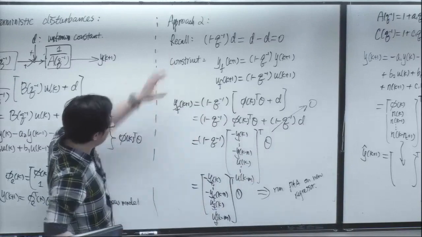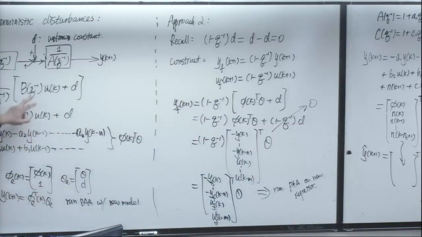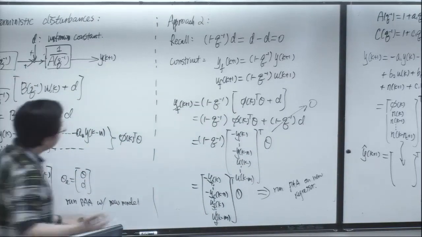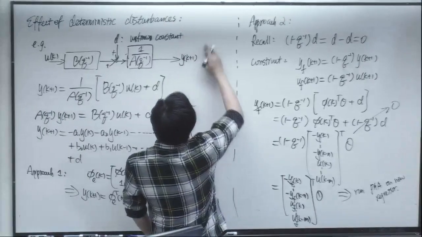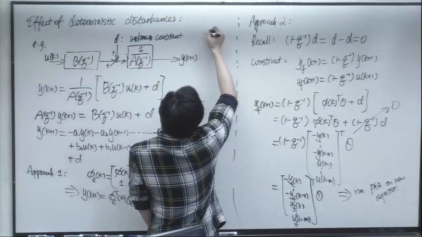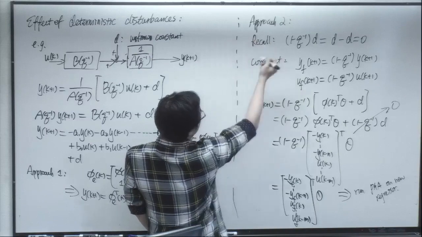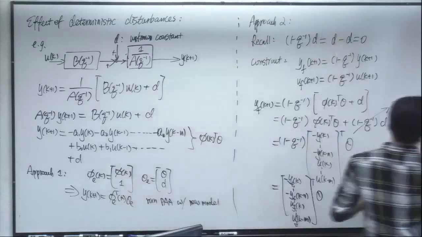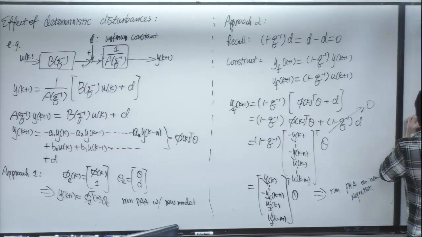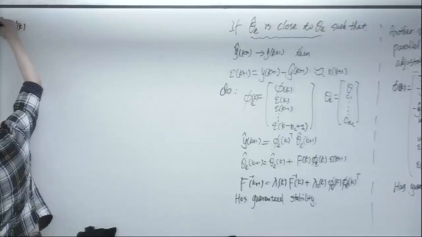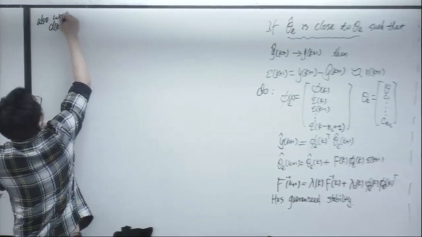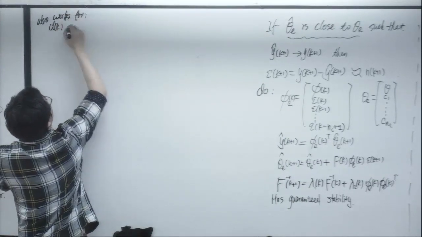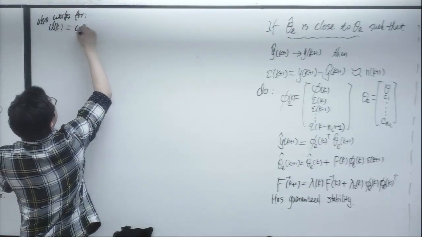This is for one type of disturbance. Now, in your exercise or your extended reading, you will see scenarios where this also works. This can also work for the scenario where dk is, let's say, sine or cosine.